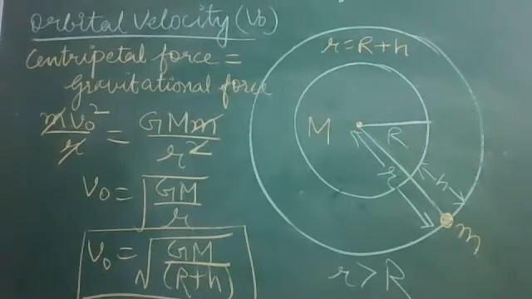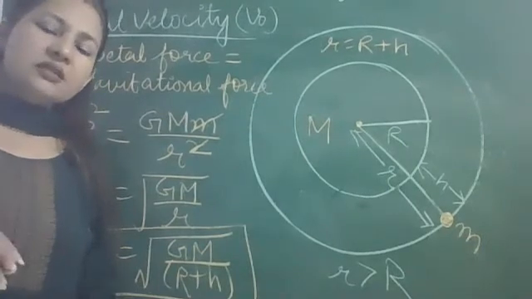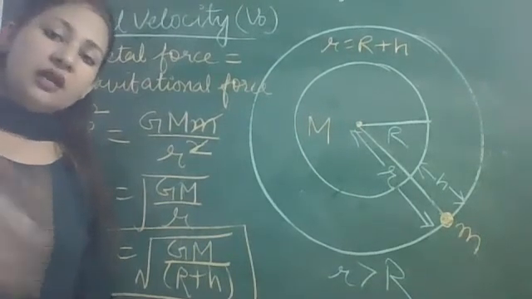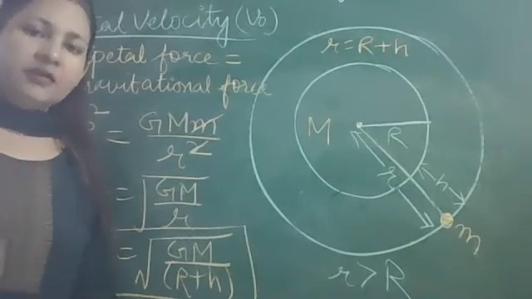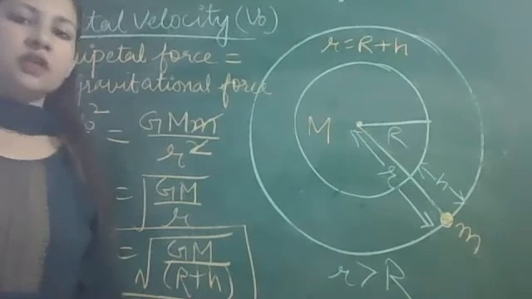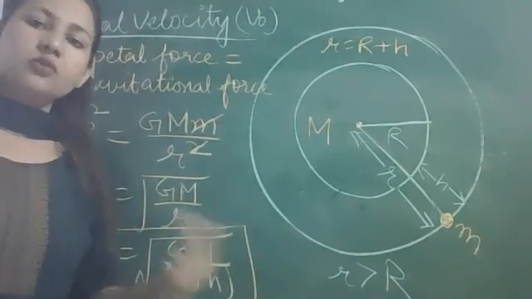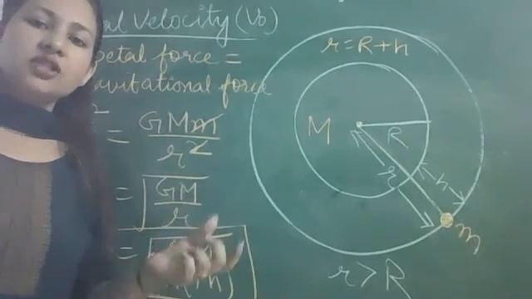Now let us calculate its value for Earth. Let us say that the satellite orbits very close to the planet. If we want to calculate the minimum value of orbital velocity for Earth, then we have to assume that the satellite orbits very close to the surface of Earth such that h is negligible.